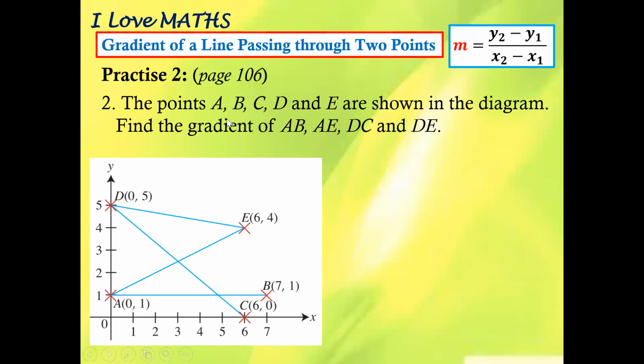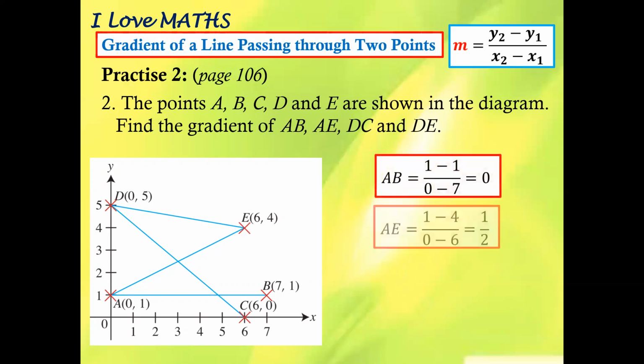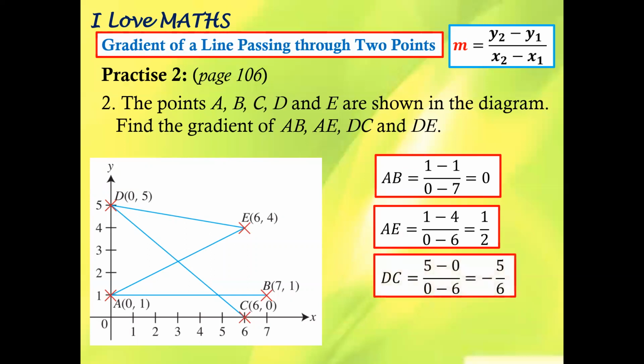All right, these are the gradient values: AB, that is 0; AE, that's 1 half; DC, that's negative 5 over 6; and DE, that's negative 1 over 6.